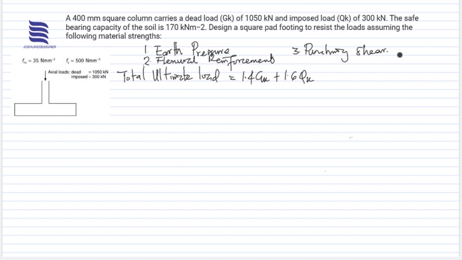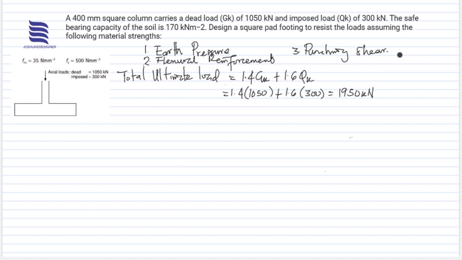Right? So from there we'll have 1.4, and the dead load we obtained there, as said in the question, 1050, plus 1.6 in bracket 300. So this automatically would give us 1950 kilonewton.